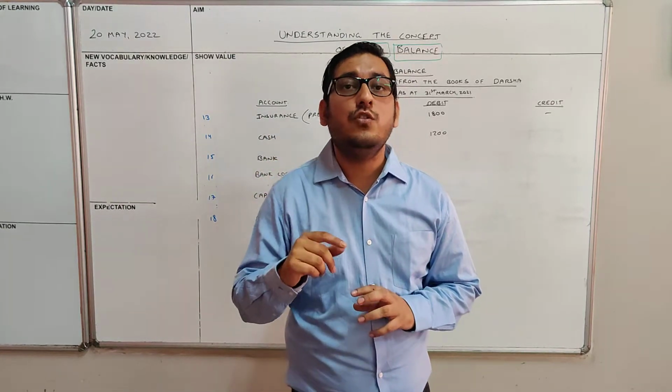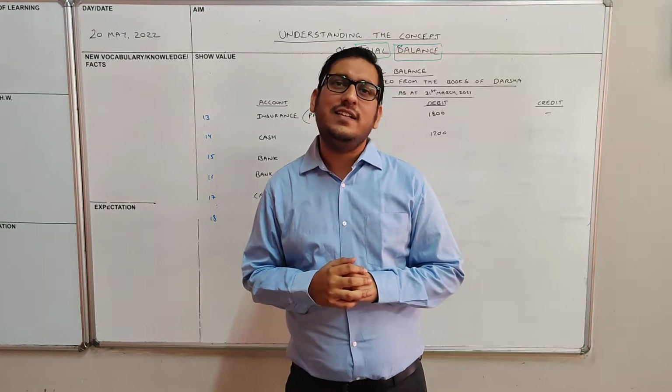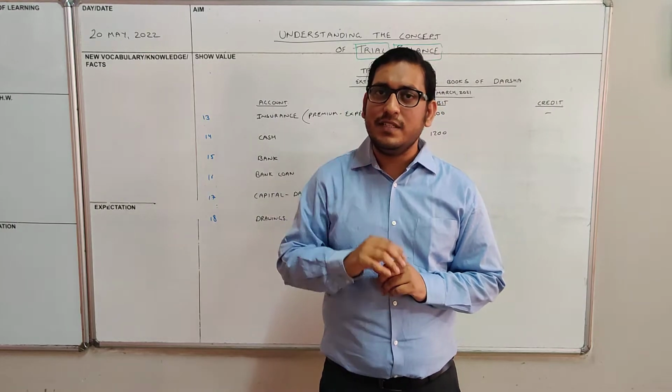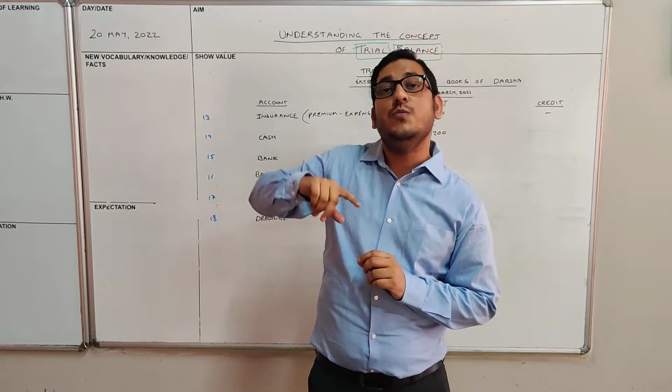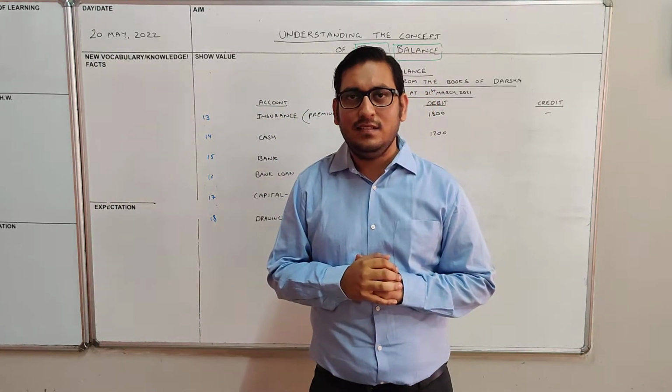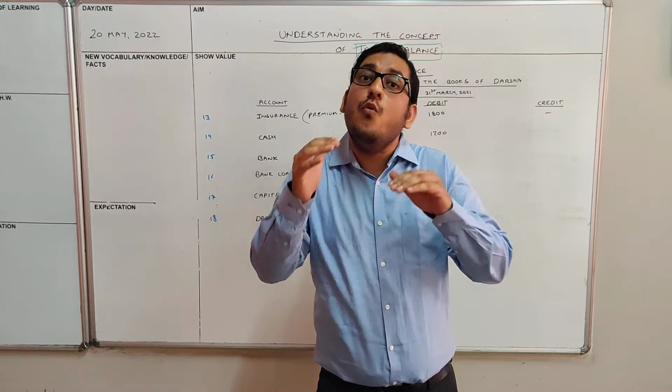But if I withdraw more than 20,000 rupees, for example 30,000, then my bank balance becomes nil and 10,000 is in excess of my deposits. So I need to pay the bank that amount of excess withdrawal. So it will become my bank overdraft.